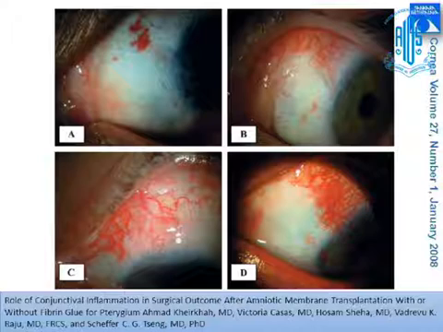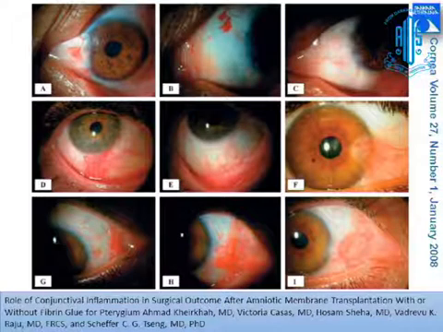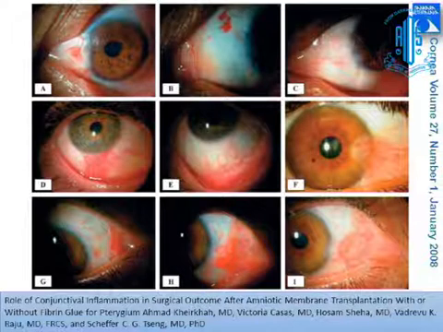This inflammation usually occurs between 3 to 4 weeks. So you should make sure the patient is seen at that time, and if you can manage this inflammation, the recurrence can be reduced. In this study, they found that if you inject subconjunctival triamcinolone in these cases, the inflammation could be reduced. Here is a case where the inflammation was almost negligible and there was no recurrence.